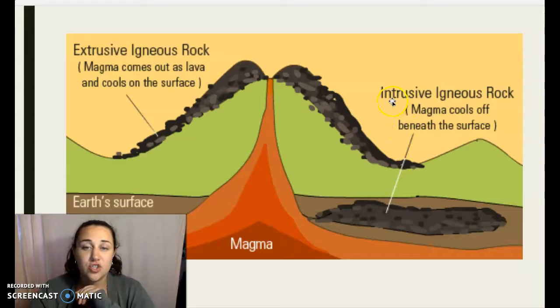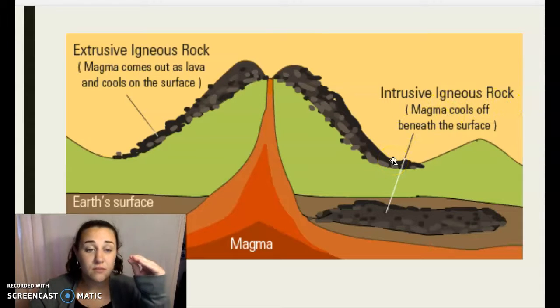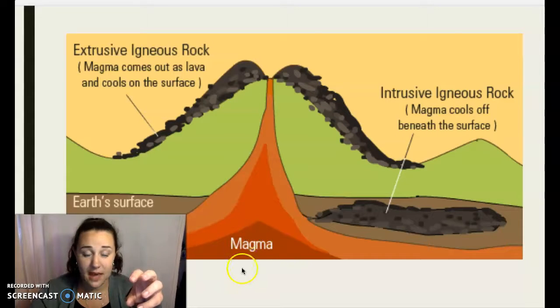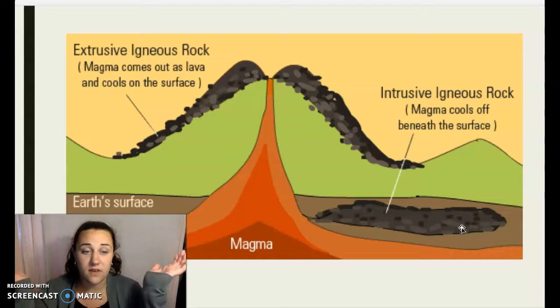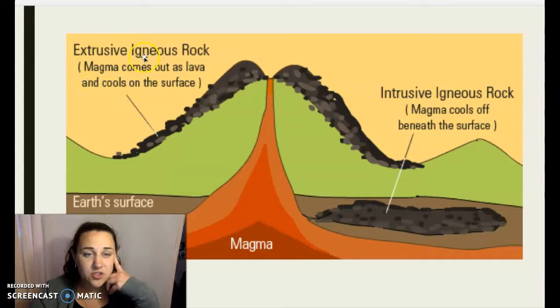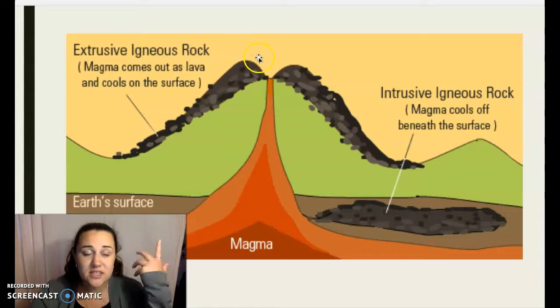And those are called intrusive igneous rocks. They're rocks that are still formed from the magma, but they cool off before they come out of the volcano. They're intrusive. Then we have extrusive igneous rocks. When the magma comes out, it turns into lava.